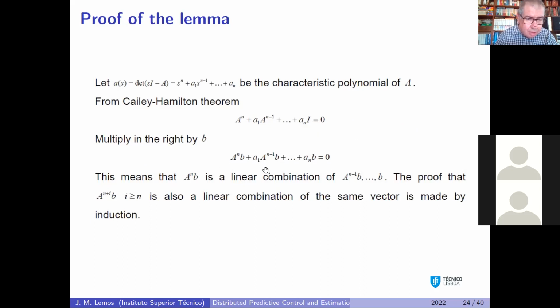You can use the recursive technique of proof, the so-called mathematical induction.